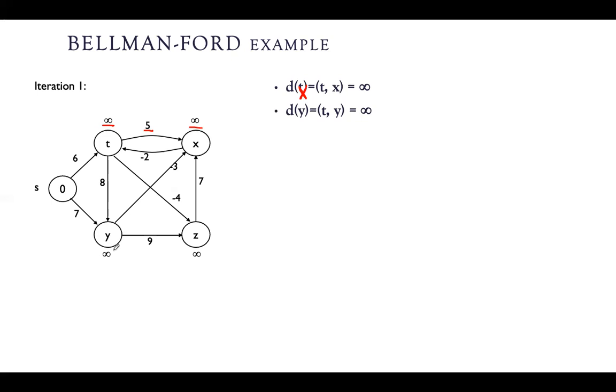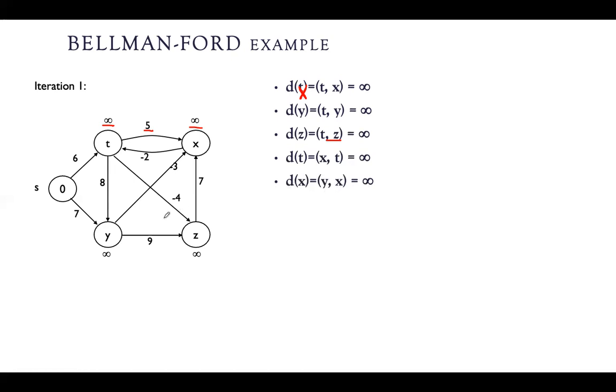Infinite plus 8 is equal to infinite. Distance of z, edge we are considering t to z. Infinite minus 4 will also be equal to infinite. So none of the distances are getting updated. Edge x to t: we try to update the distance of t. Infinite minus 2 is also infinite.